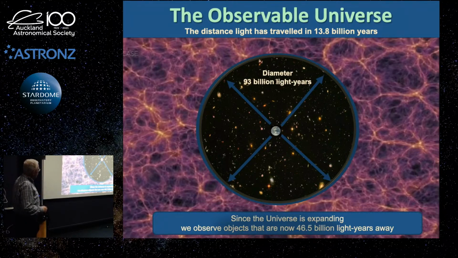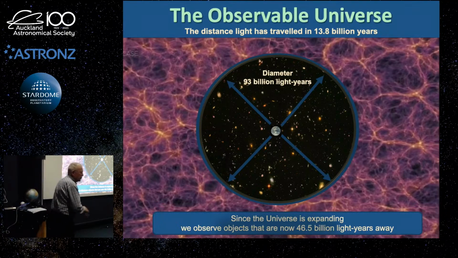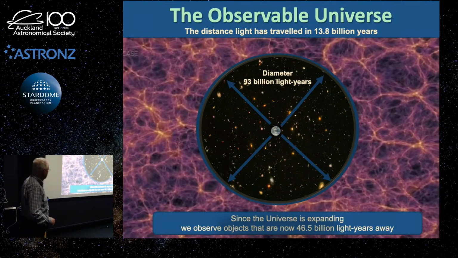So you'd immediately think, well, it's 13.8 billion light years across, isn't it? But don't forget the universe has been expanding over that 13.8 billion years. So with a whole stack of complex calculations, the answer is that since the universe is expanding, we're observing objects about 46.5 billion light years in each direction.